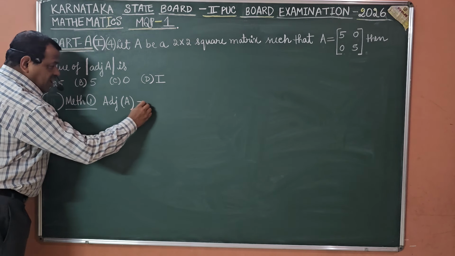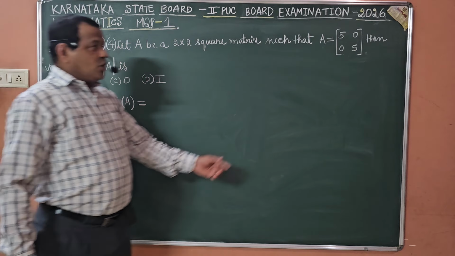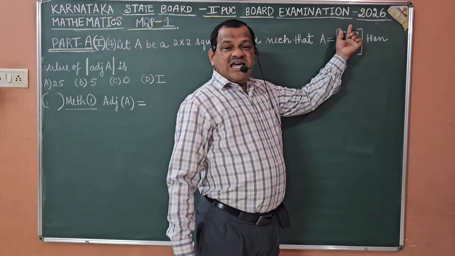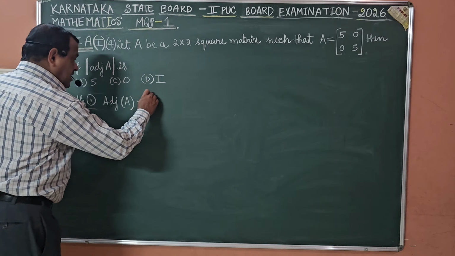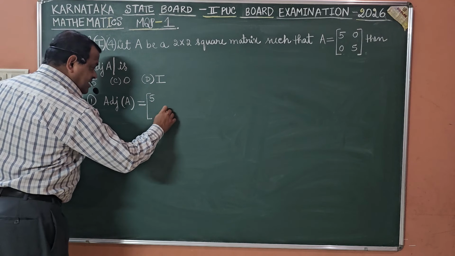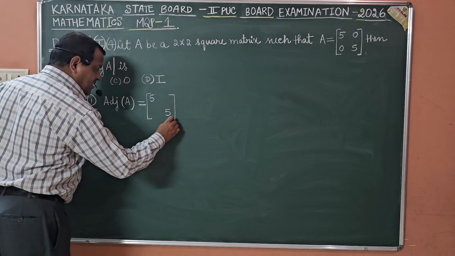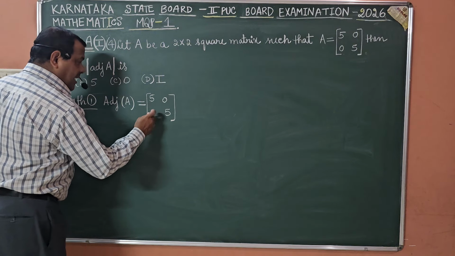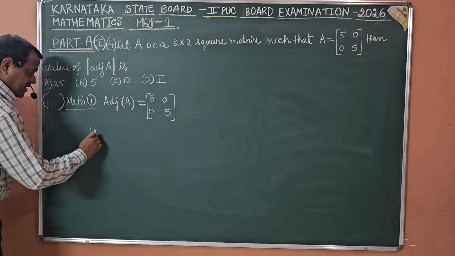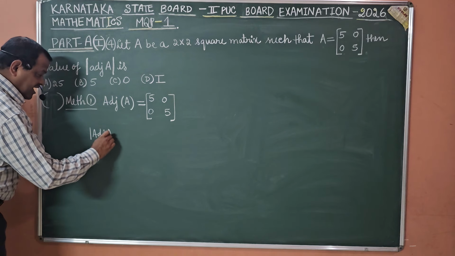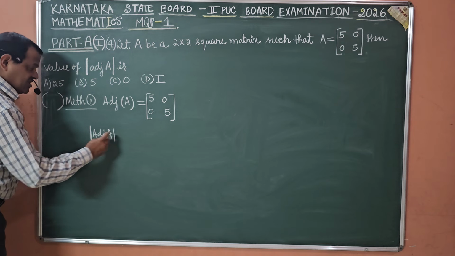To find the adjoint of A, all of you know, interchange the elements present on the principal diagonal. Interchange, that is becoming 5 and 5 itself. The remaining elements multiply by -1, it also remains the same. Now find the determinant of adjoint A. It is not modulus, it is determinant.